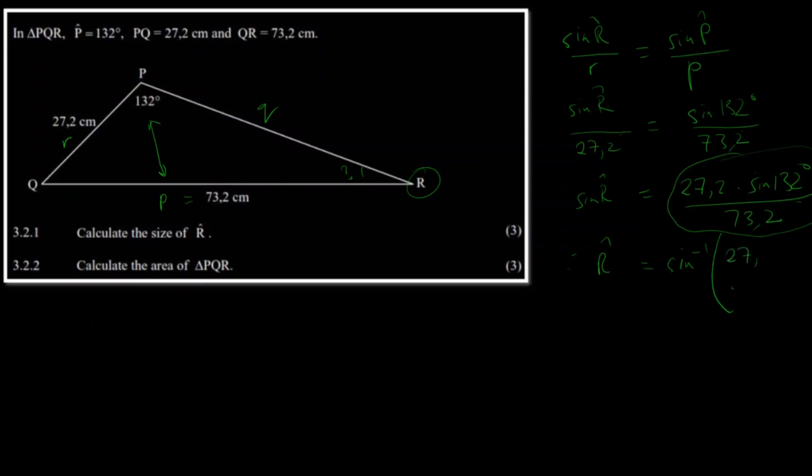Because our calculators are so nice, we get to type this in as is. I think I'm out of bounds in terms of my screen real estate, so let's just bring that a bit closer. So that's sine of 132. Now, anything worth doing is probably worth doing, right?